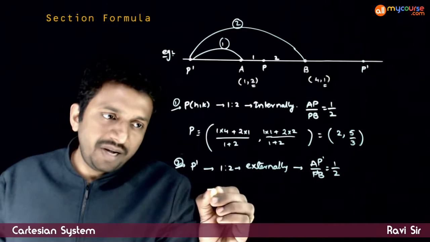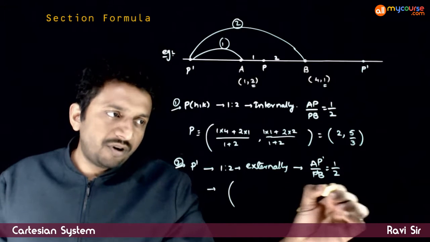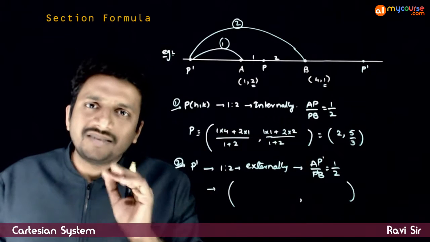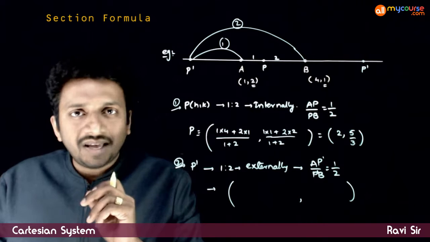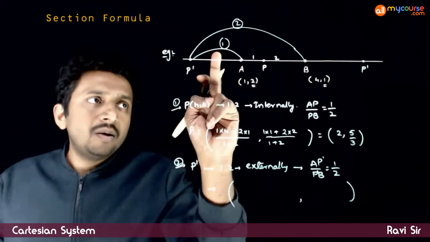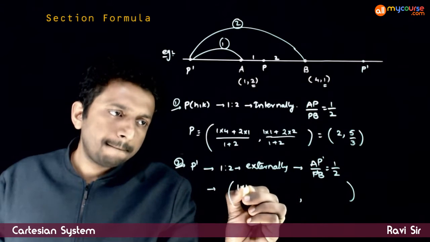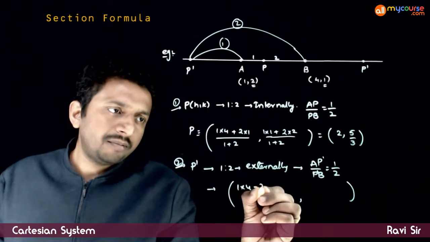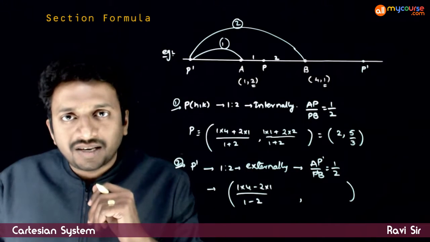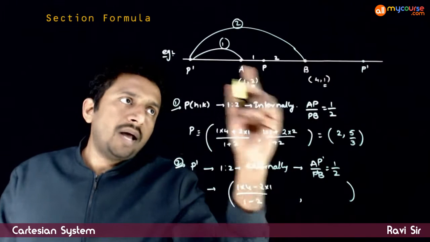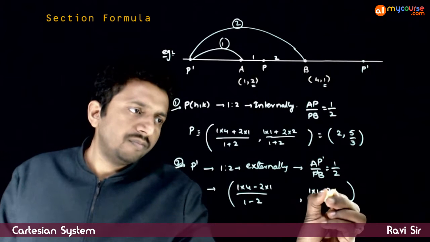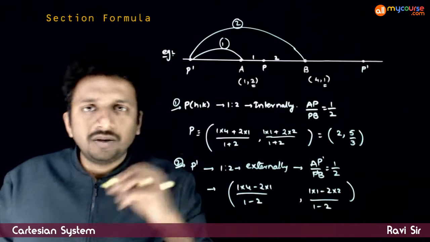So what are the coordinates of P dash? Let us use the formula. In the formula, instead of plus, have a minus sign. That's the only difference. So again, the formula is (m x2 minus n x1) by (m minus n): 1 into 4 minus 2 into 1 by 1 minus 2. In the numerator as well as denominator, you get a minus. And 1 into 1 minus 2 into 2 by 1 minus 2.